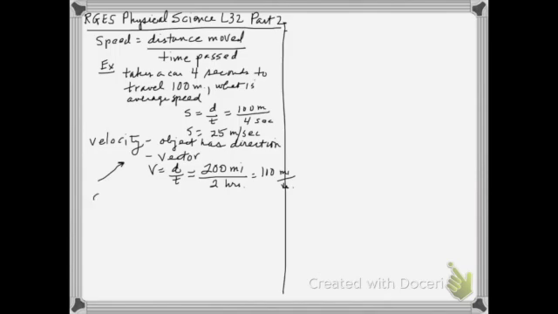Now we get to acceleration, and acceleration is related to this. It really means how does speed change over time, or how speed changes in a given time frame. Okay, so the equation for acceleration is equal to the change.